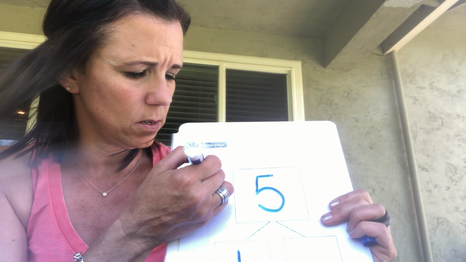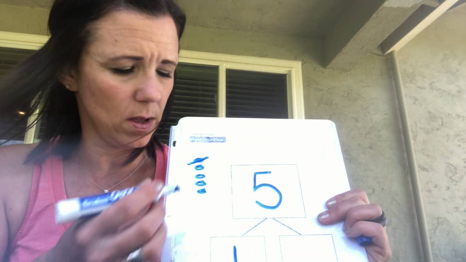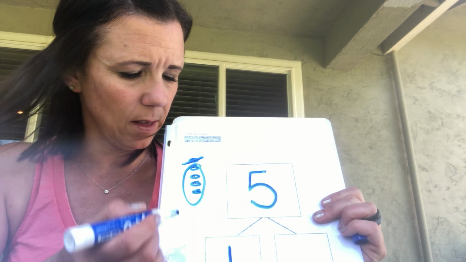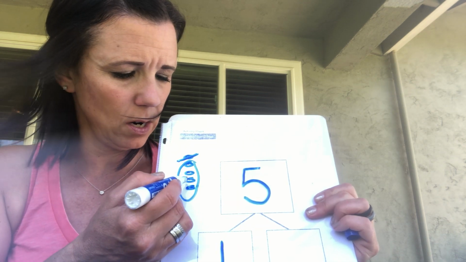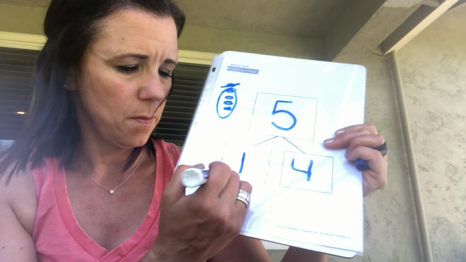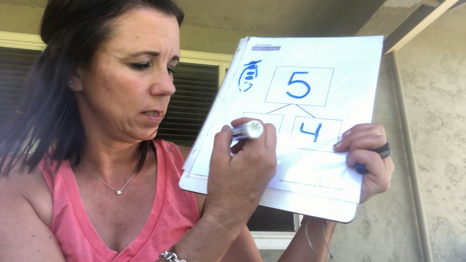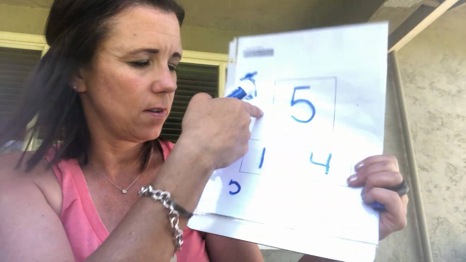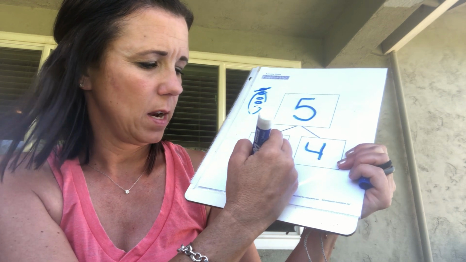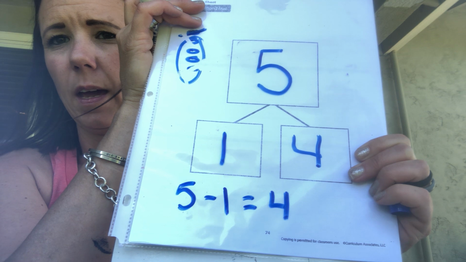So I'm gonna draw 1, 2, 3, 4, 5. I'm gonna cross out the part I know, and I'm gonna count how many I have left. That's my other part. 1, 2, 3, 4 is my other part. So our math sentence would then be, the wind's not in my favor here. 5 minus 1 equals 4.